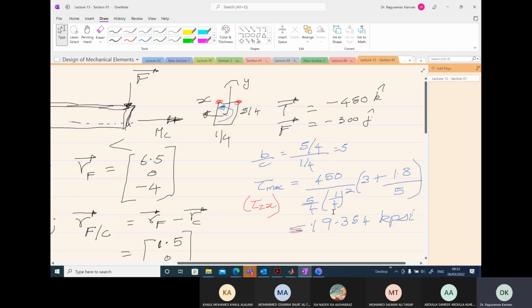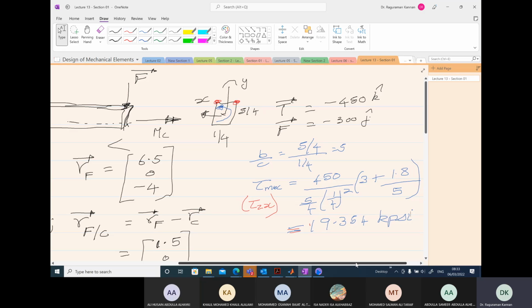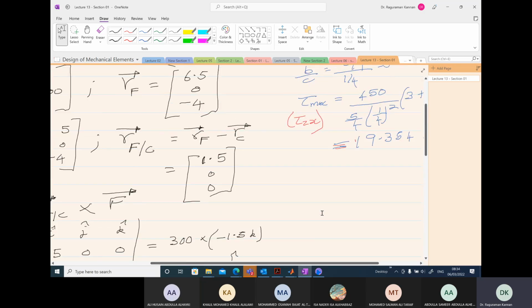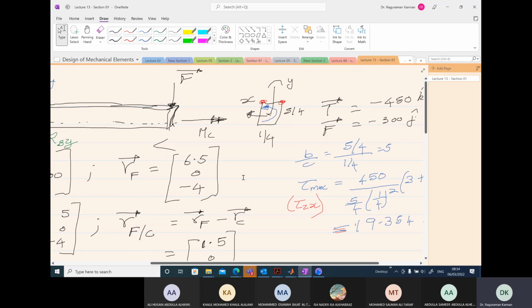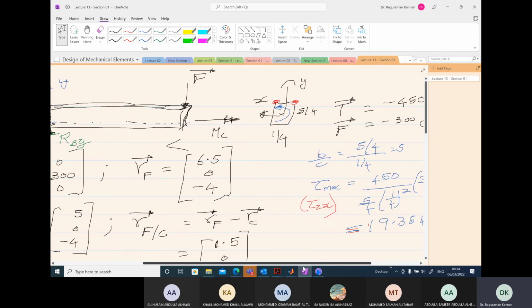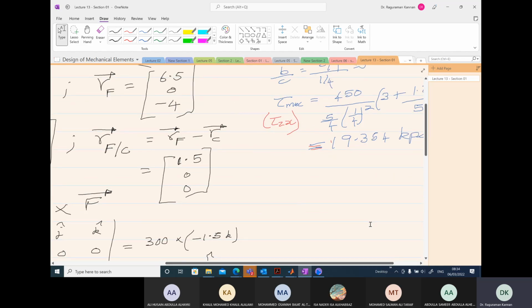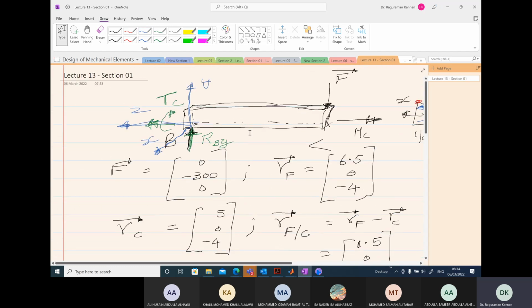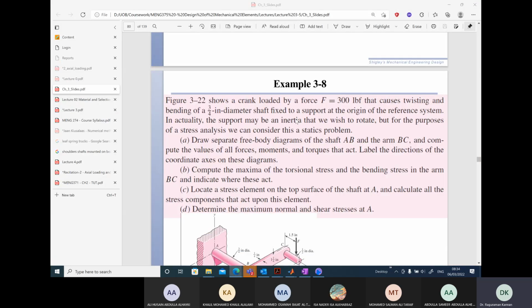Bending stress, so that is remaining. We have bending stress for BC. The bending stress will be along the z direction, so sigma zz. Definitely this is a sigma zz component, and it will be maximum at the end B. Here we need the length.